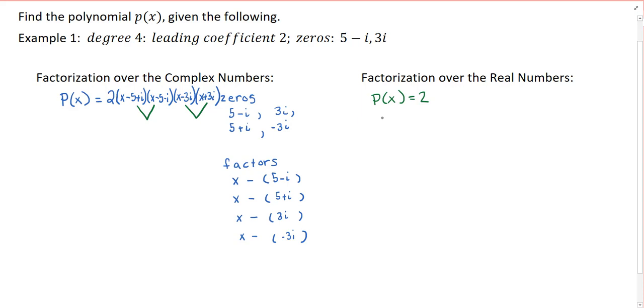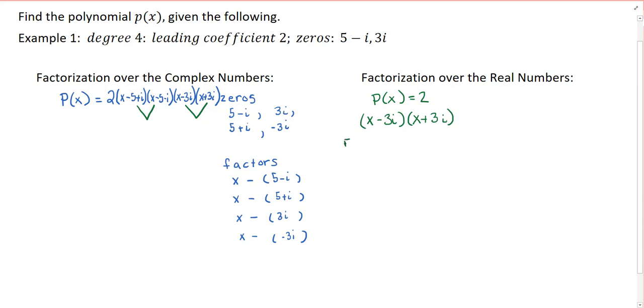So instead of having 4 linear factors like we do in factoring over the complex numbers, we'll end up having 2 pairs of irreducible quadratic factors. And so I'm going to go ahead and take care of the x minus 3i times x plus 3i piece first, just because the multiplication of that is probably easier than the other pair that we would do.